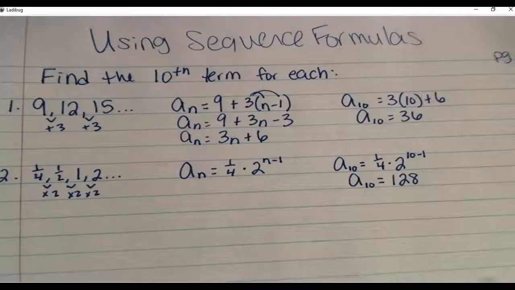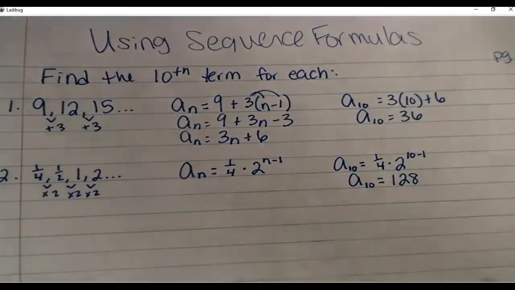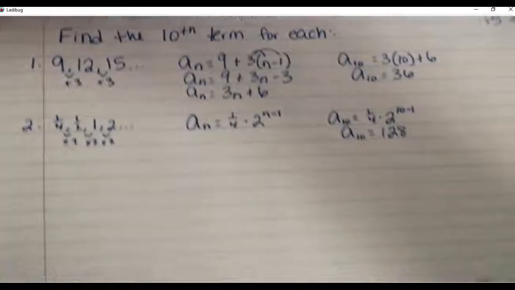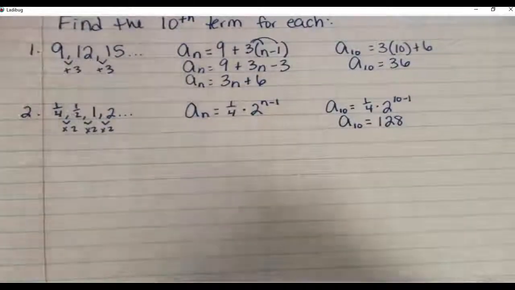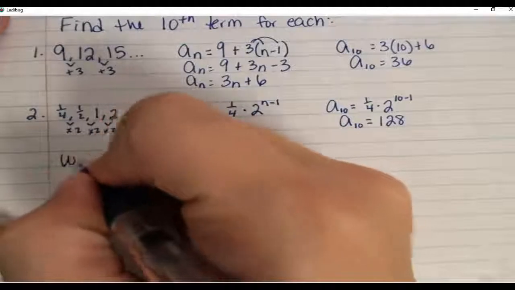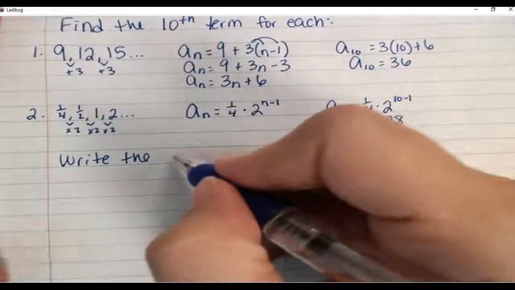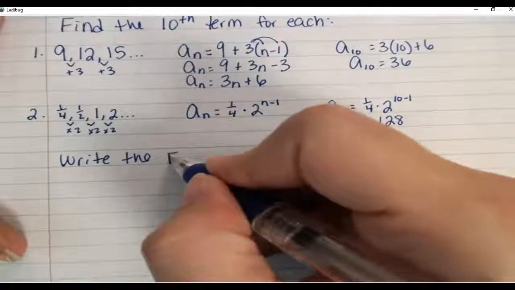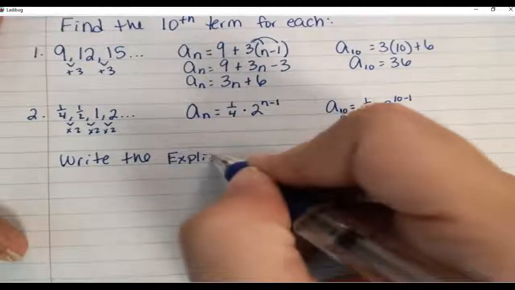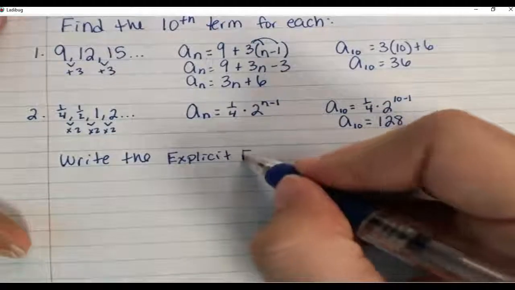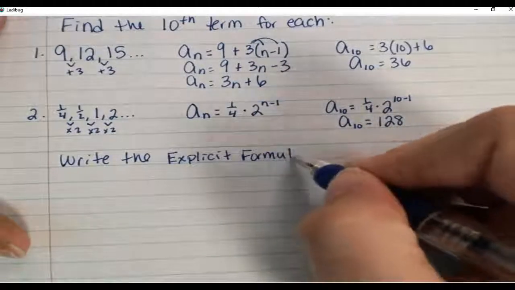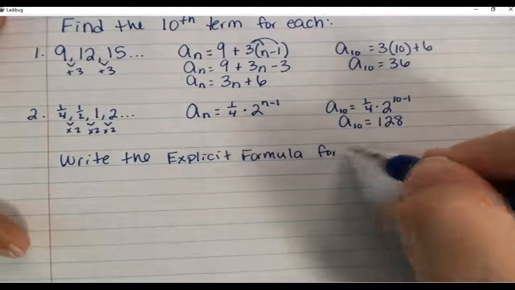So sometimes you might not be given the first few terms of the sequence. You might be given 2 random terms. So that's what we're going to do now. So now we want to write the recursive formula. No, just kidding, the explicit formula for each.